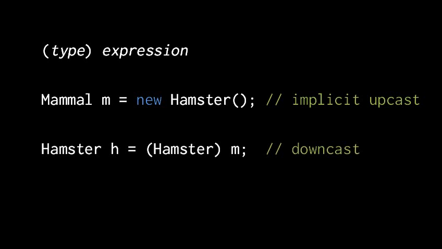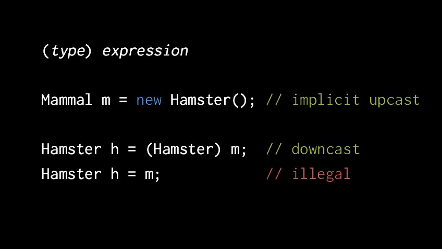In contrast, if we want to cast down the chain of inheritance, if we want to take, say, this mammal expression and tell the compiler that it's really a hamster, we have to make the cast explicit, otherwise the compiler will balk. The reason for this double standard is that when you do an upcast, the compiler knows for sure that a hamster is always a valid kind of mammal. What the compiler doesn't know here, though, is whether the expression M, a mammal reference, is actually at runtime going to hold a hamster.